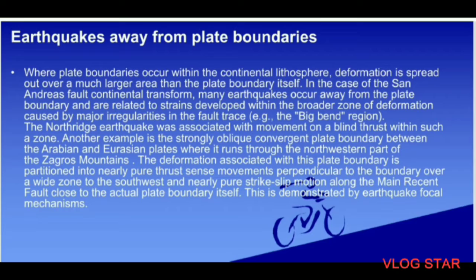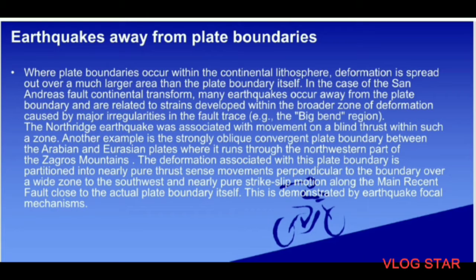The Northridge earthquake was associated with movement on a blind thrust within such a zone. Another example is the strongly oblique convergent plate boundary between the Arabian and Eurasian plates. It runs through the northwestern part of the Zagros Mountains.